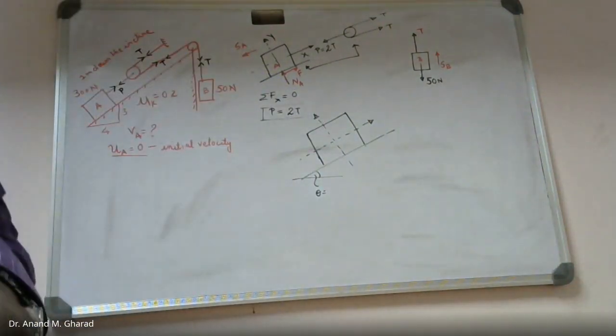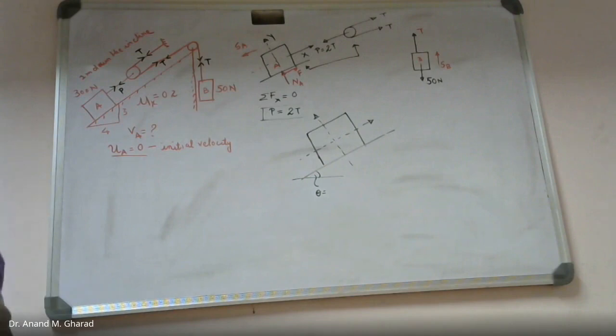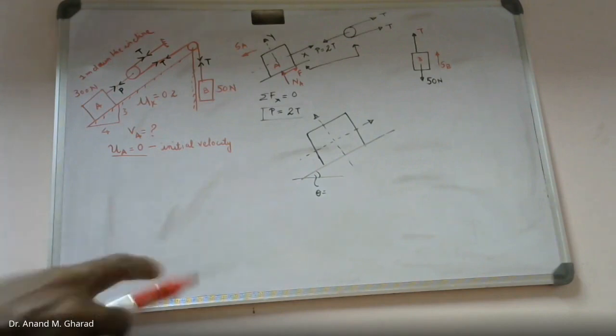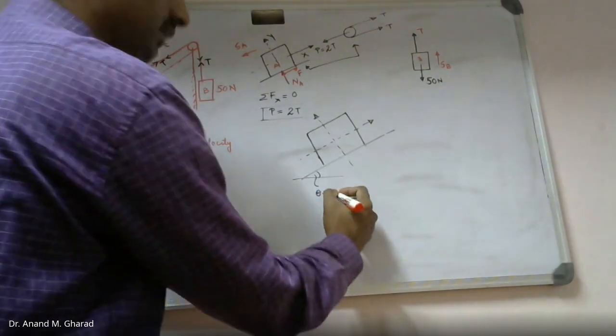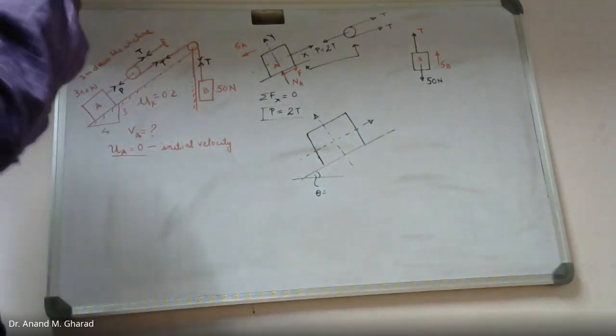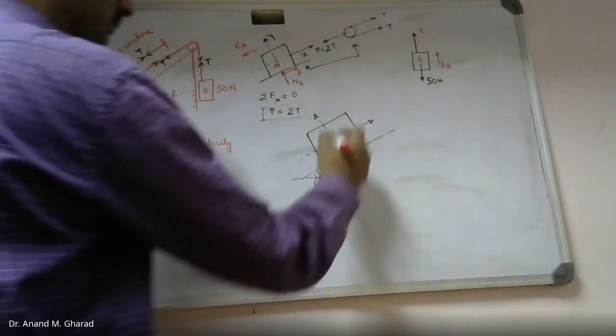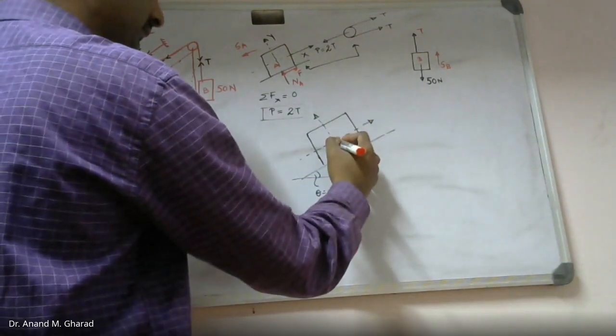How much does this come out to be? How much is that value? Please let me know. What is this theta value? Tan inverse of 3 by 4. Yes?